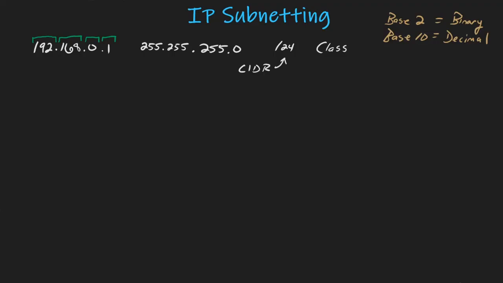So if we actually convert this, we'll start with 192. So let's do 192 equals, let's go ahead and reference our decimal chart. I'm sorry, not our decimal chart, our binary chart. We're gonna draw it out up here just for quick and easy reference.